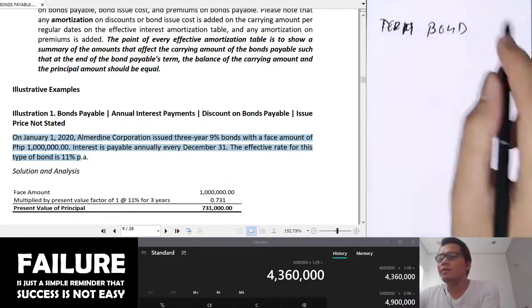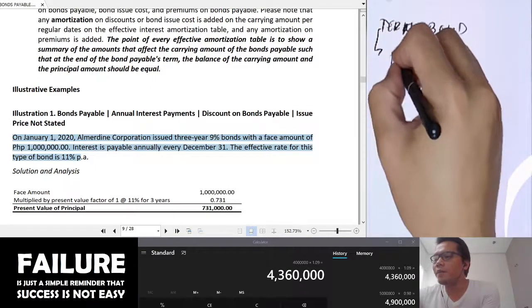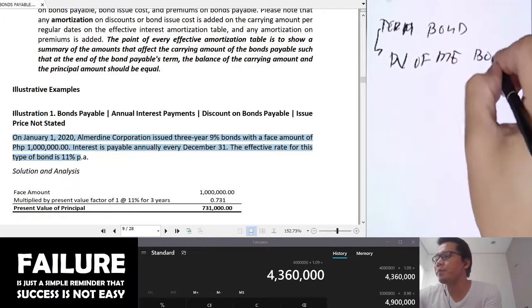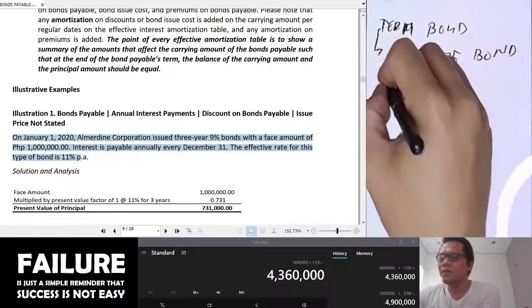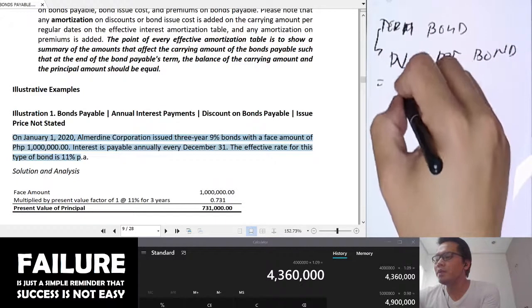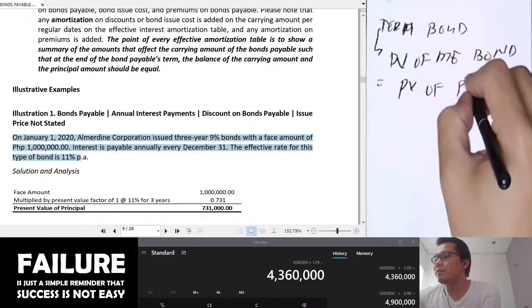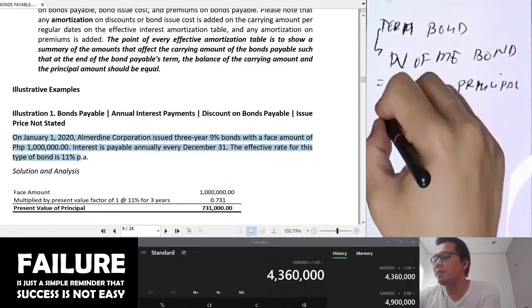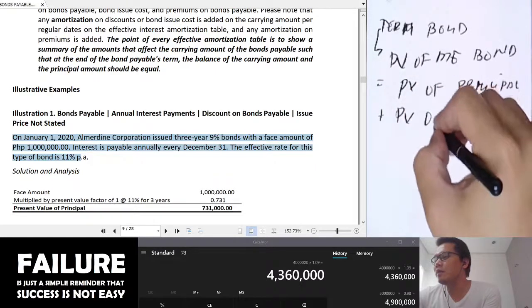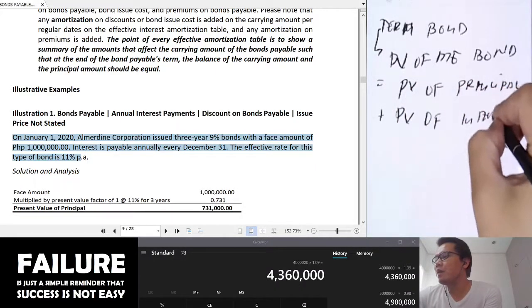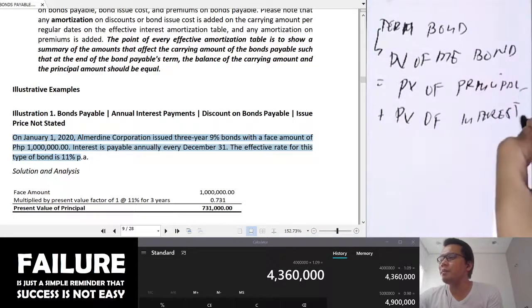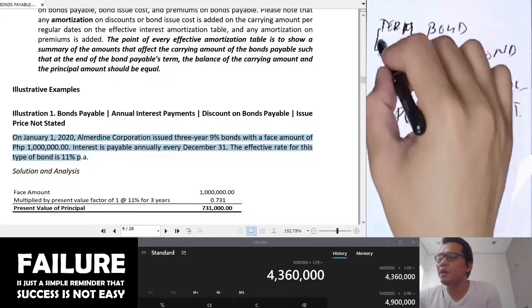So again, if it is a term bond, the present value of the bond is equal to the present value of principal plus the present value of interest.